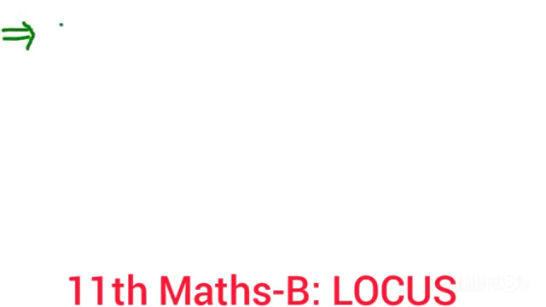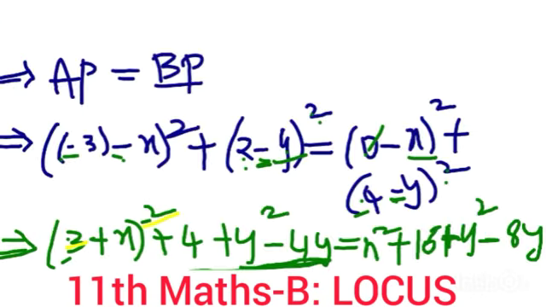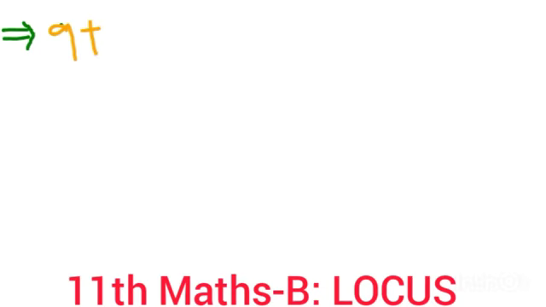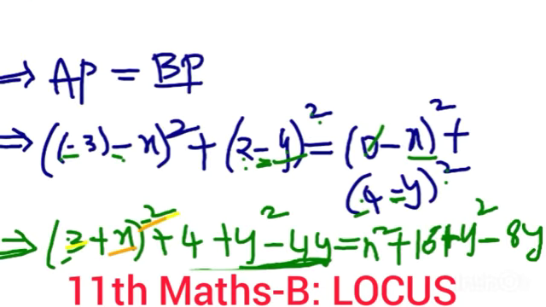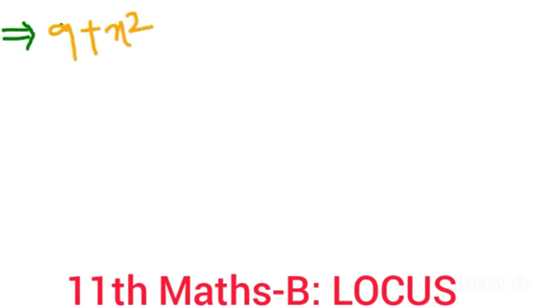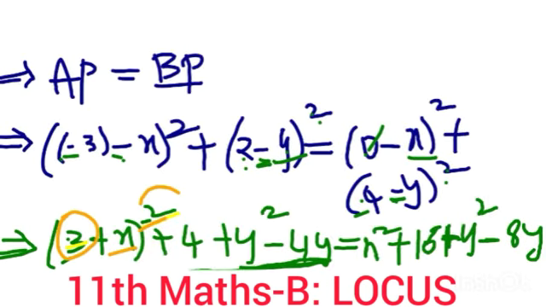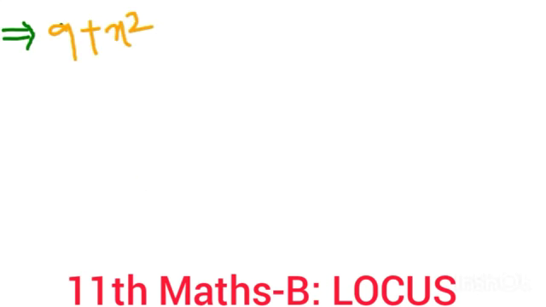That implies 3 square, x square, and 2 times 3 times x, that is plus 6x.